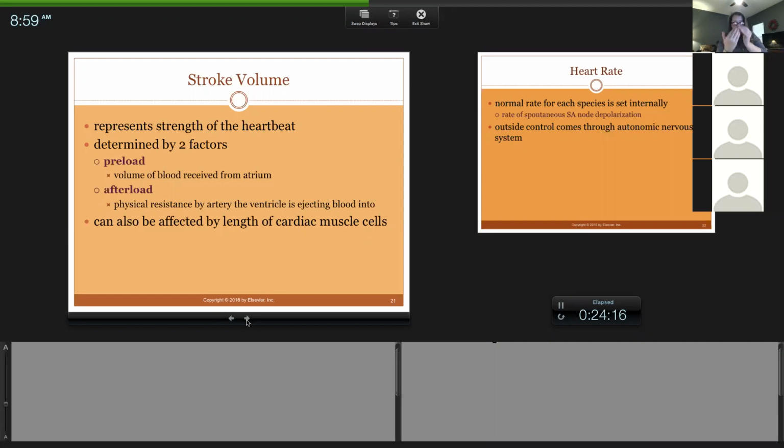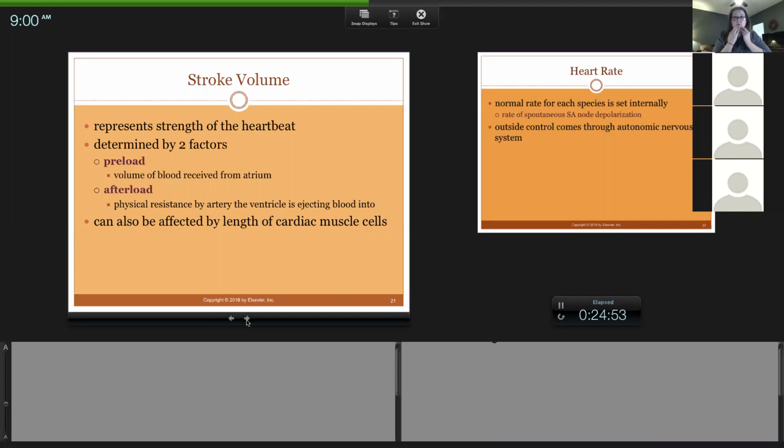So this becomes important when you get into fluid therapy, because in an animal that's severely dehydrated, sometimes they're tachycardic and they have low blood pressure because they do not have as much blood volume. If we give them a bunch of IV fluids and boost the volume in their vessels, that is going to increase or help preload. I can give drugs to affect the vessels and improve afterload.